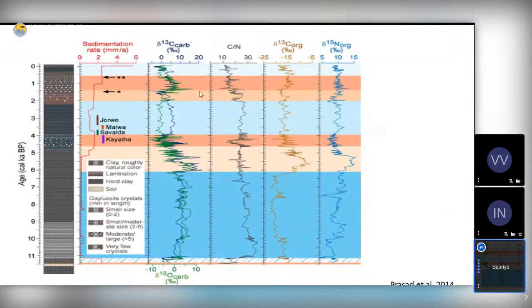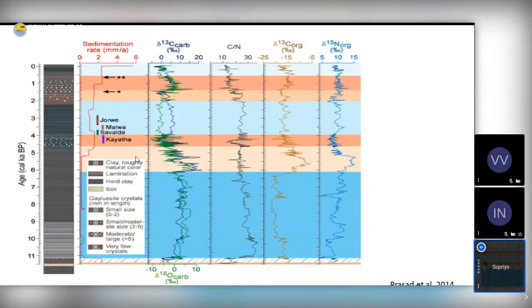They analyzed different proxies, for example, delta 13C of carbonate and delta 18O of the same carbonate, and they analyzed the C/N ratio. C/N ratio is a very good indicator of the input of terrestrial, terrigenous materials into the lake system. So by doing multi-proxy analysis, it is possible to infer climatic changes.